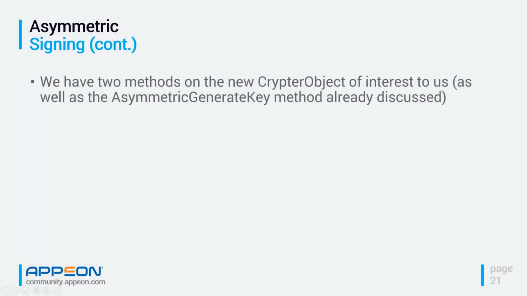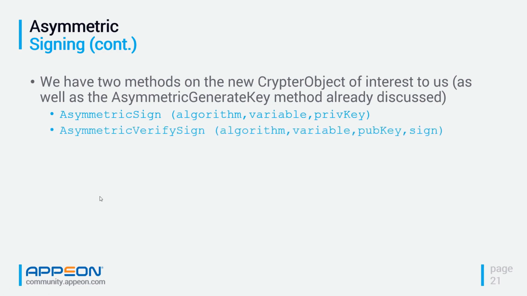There are a couple of different methods on the cryptor object that we use for signing. They are asymmetric sign and asymmetric verify sign. If you're going to be signing the data as you're about to send it, you would pass in the algorithm, the variable that's the actual data, and your private key.